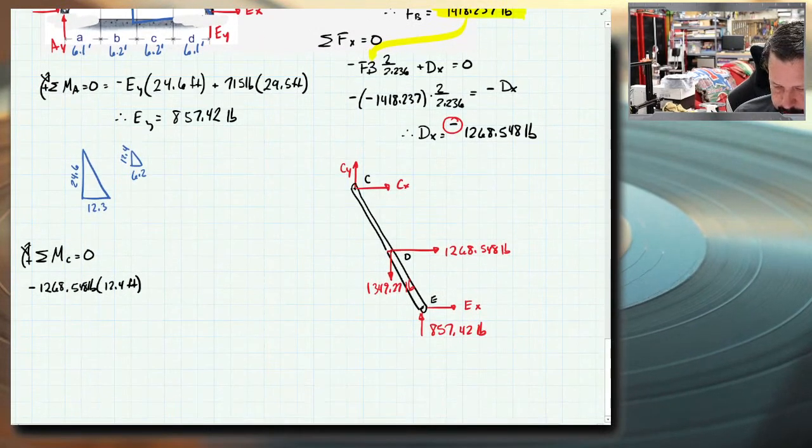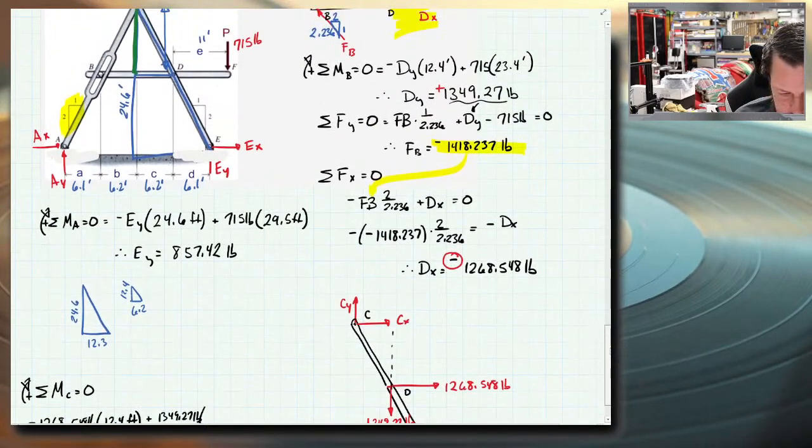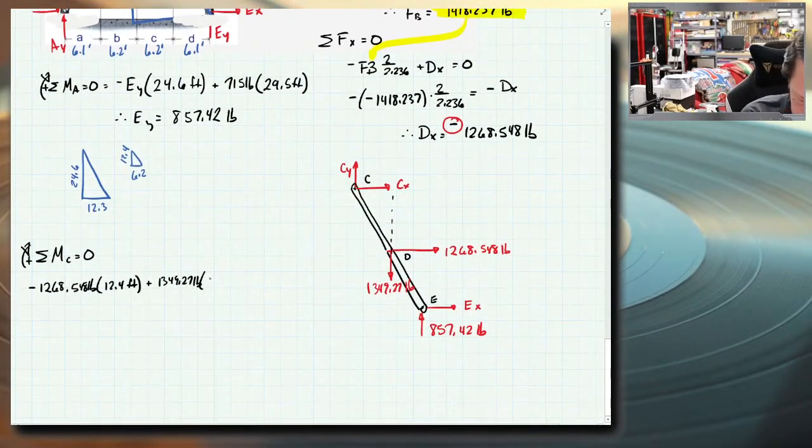Looking at our picture here, the 1349.27 creates a positive. That's that vertical force. It has a horizontal moment arm of 6.2 feet. And EX, the way I drew it, is going around counterclockwise, so negative.